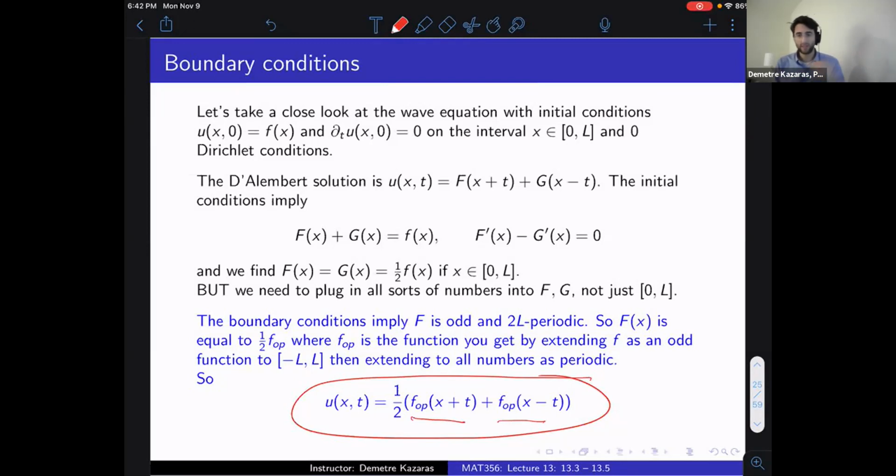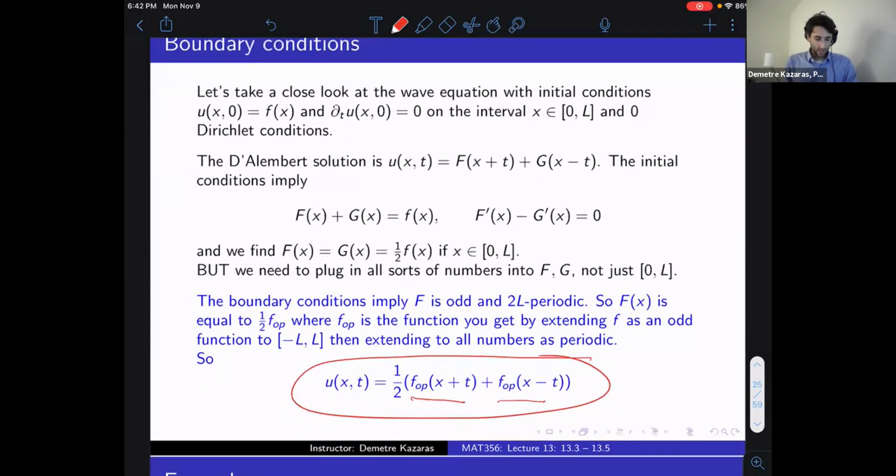Their average is the displacement of the string at some point x, t. Okay, very good.